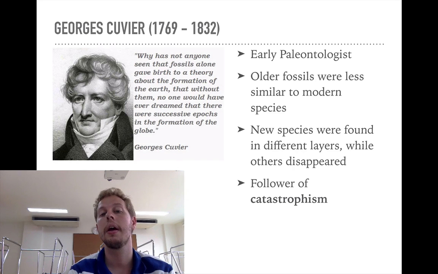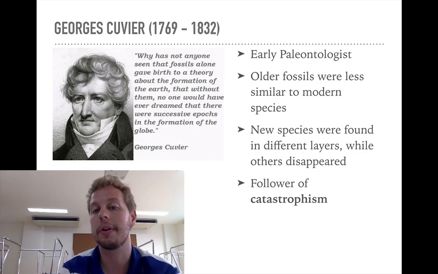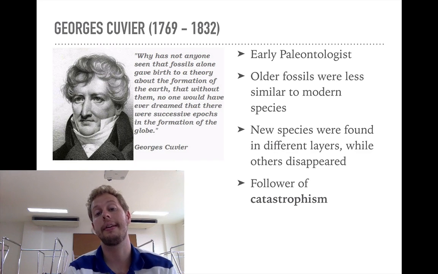The first is that the deeper you go into the different strata, meaning older rock layers, the more dissimilar the fossils became from modern species found in the area. And so he was of the belief that the deeper that the fossil was found, the older it had to be and less similar to modern species.